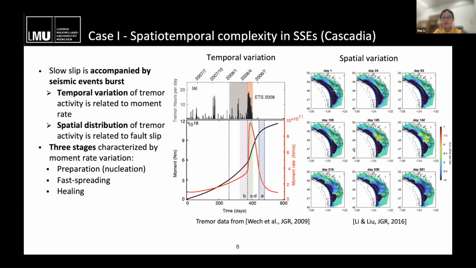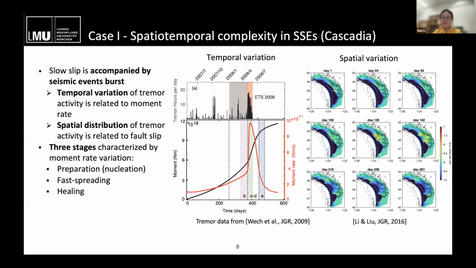We also look at the detailed spatial variation of the fault slip during slow slip. So we defined 3 stages in each episode based on the moment rate accumulation. The first is the preparation stage, where you see in the first row the very gradual increase of fault slip.